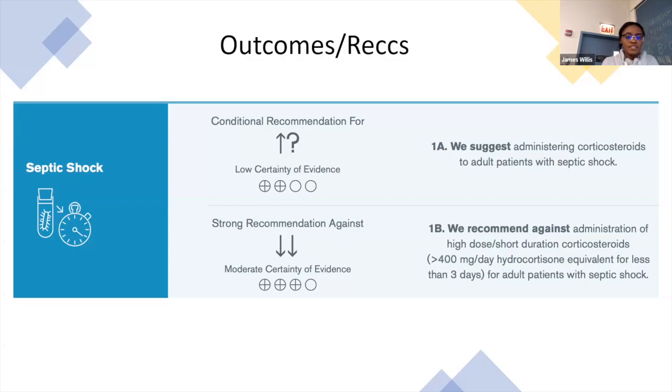And the results show that there are high rates of shock reversal with a relative ratio of 1.24 and confidence interval of 1.11 to 1.38. So very high certainty in terms of shock reversal. They said it probably reduces ICU and short-term mortality. The relative risk ratio was 0.93. But the data on hospital and long-term mortality was less convincing.